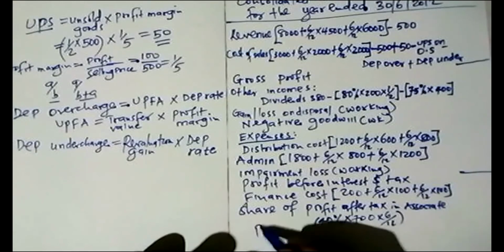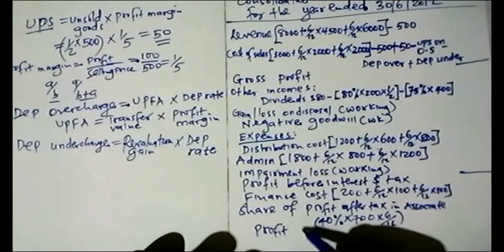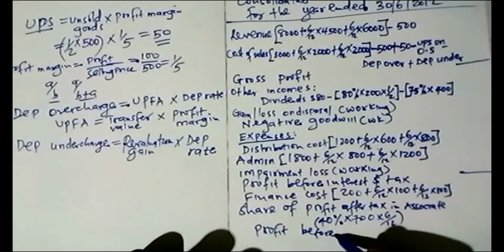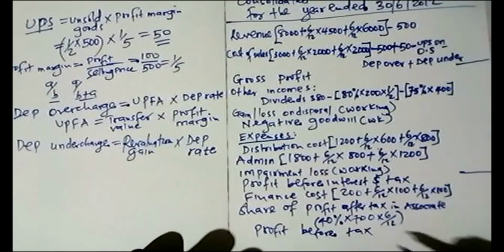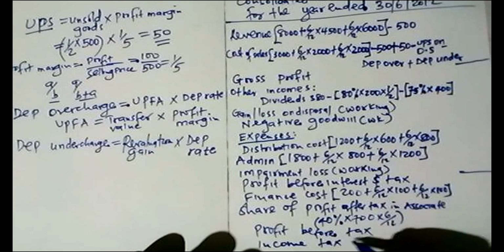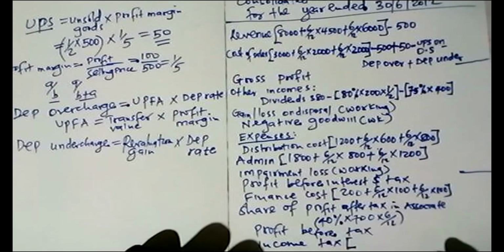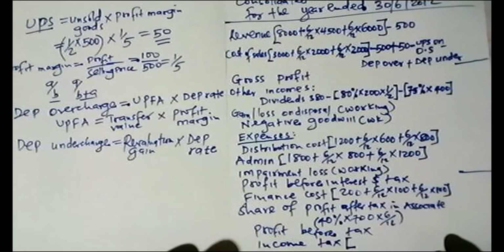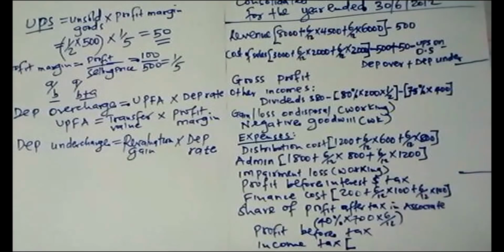So that here we have a profit before tax. Then after that, I will raise income tax. Income tax is for the parent and subsidiaries, because for the associate, I have taken profit after tax, then I have shared. Because now that is the income the parent will get.